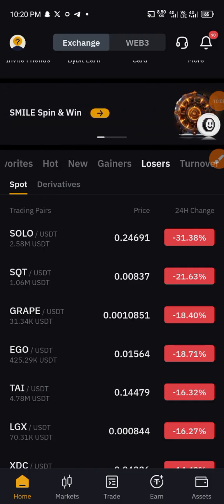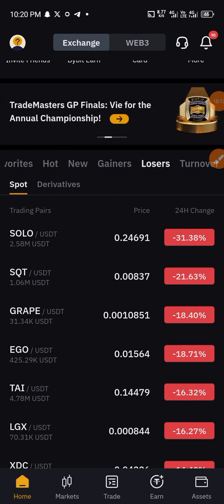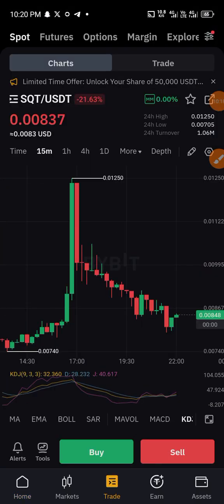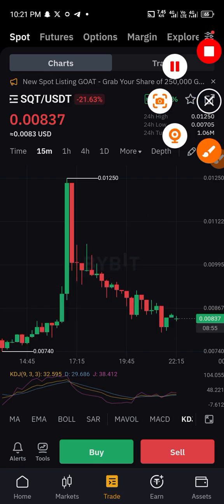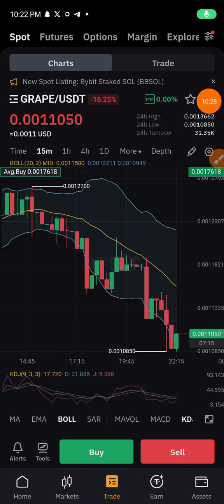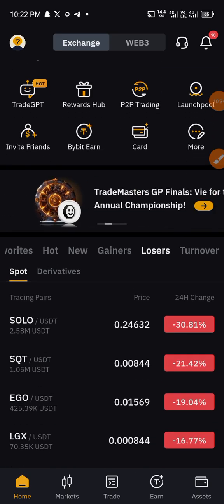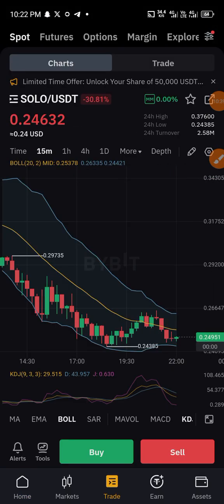Among them are Grips, Solo, and SQT, which is one of my favorite coins and is currently battling to take off. Grape is also crazy going down. So you look at those markets carefully and trade the best of your choice.